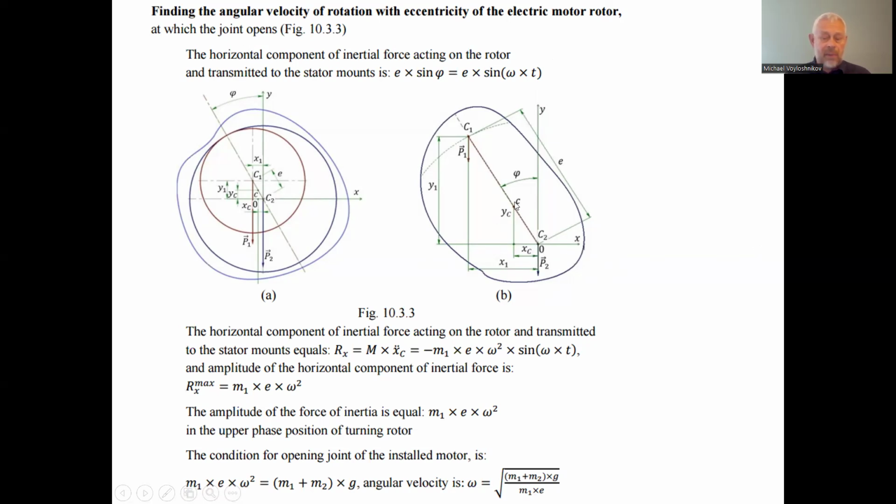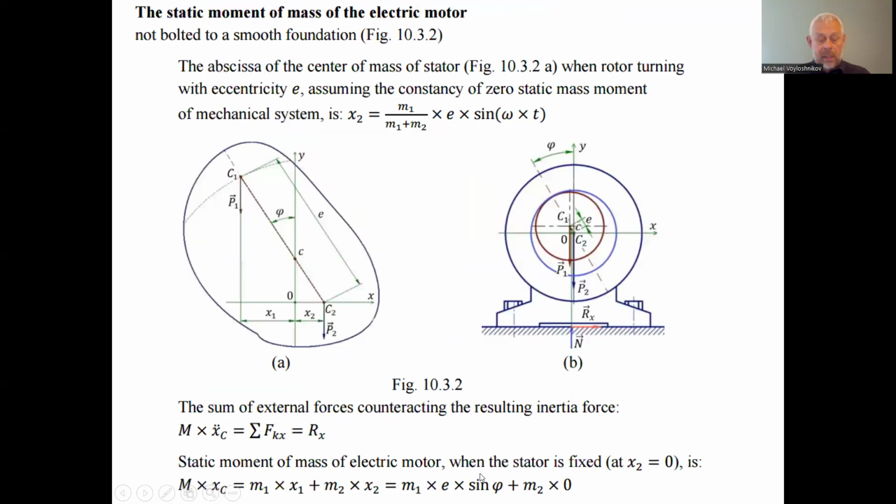We can do it as well by considering the reference point here, and make the ordinate axis pass through the common center of the mass of this mechanical system of the electric motor, but it is more comfortable to take the center of the reference of the coordinate system here, because some summands in the equations will be equal to 0 in the other case.